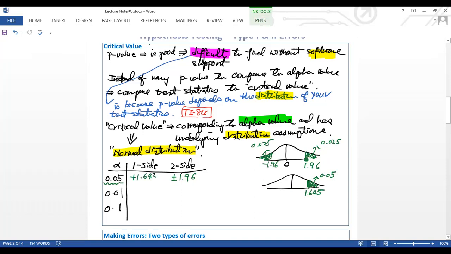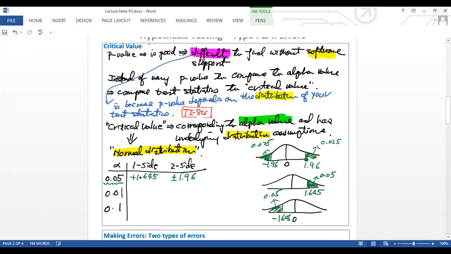If you say this is less than 37%, what happens here? You are going to have 0.05 here, so this is negative 1.645.